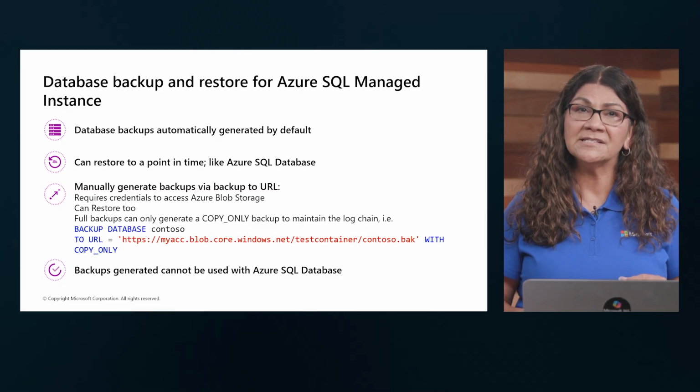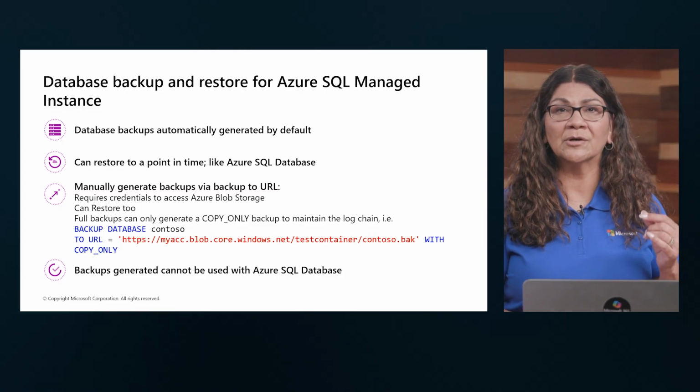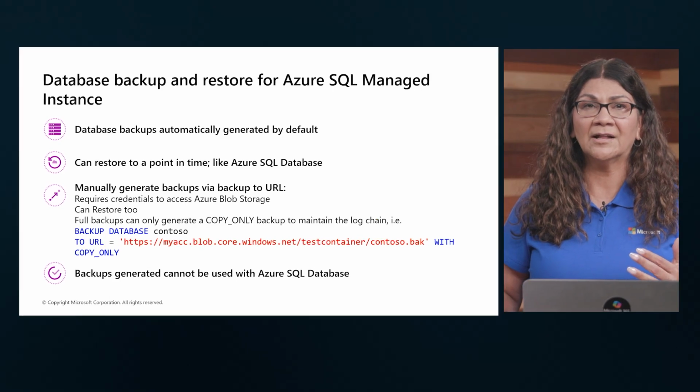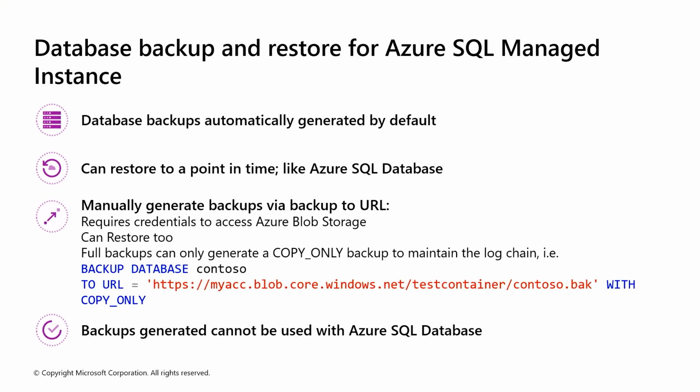Note this T-SQL example for backing up your Contoso database file, contoso.bak, listed here. It's showing the Azure storage account name that is stored in the Azure blob storage under blob.core.windows.net inside the test container, using this copy-only command that you can use only here with the Azure SQL managed instance.